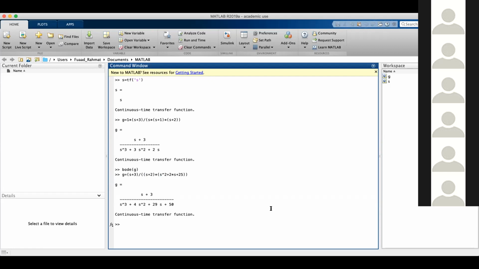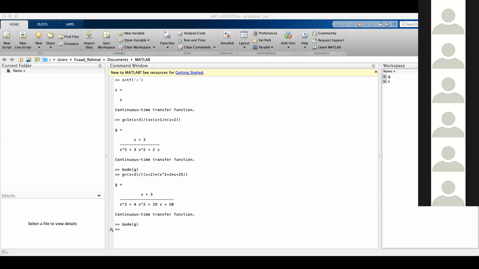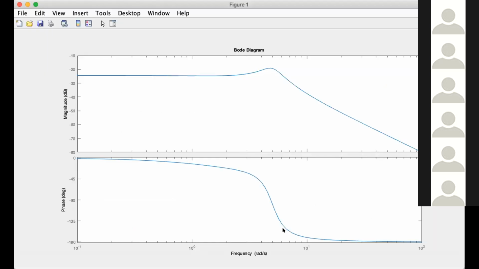The type is 0. There is no pole at the origin. So use the command bode G. Then I share the figure. Okay, so there you go.